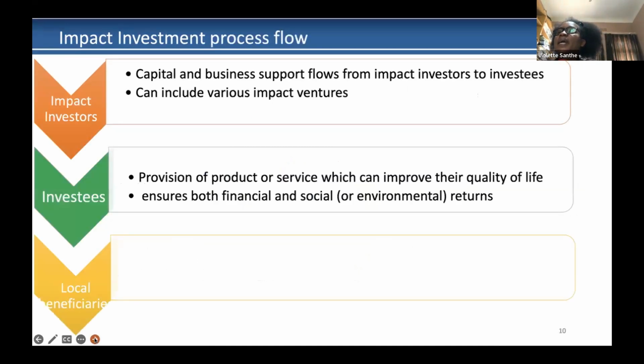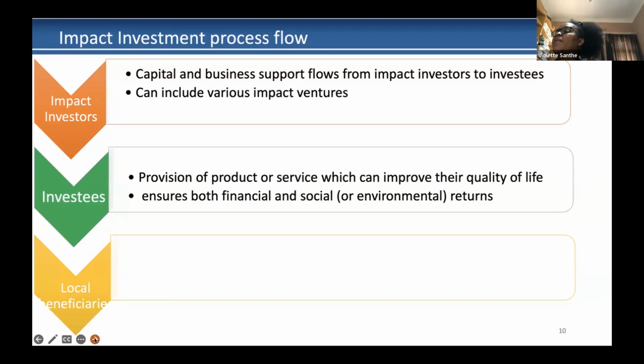When you're looking at impact investment, there is also a process flow which we need to look at. At the beginning there, we have impact investors. The capital and the business support flows from impact investors to investees. So the impact investors are the ones who are going to supply the capital, while the investees could be the project developers, like in this case, the startups and other companies.